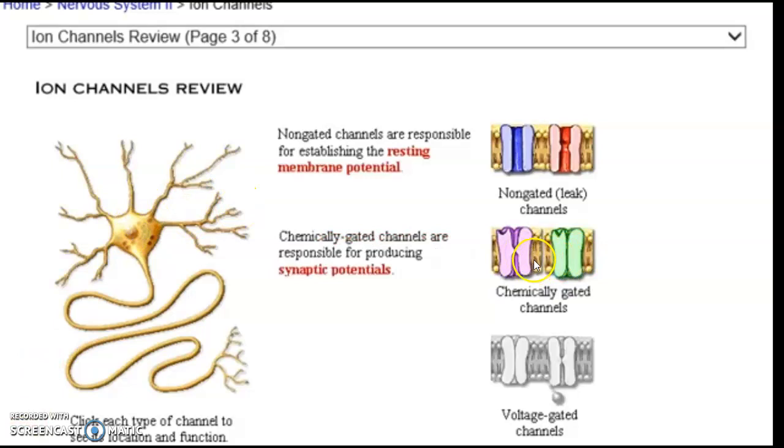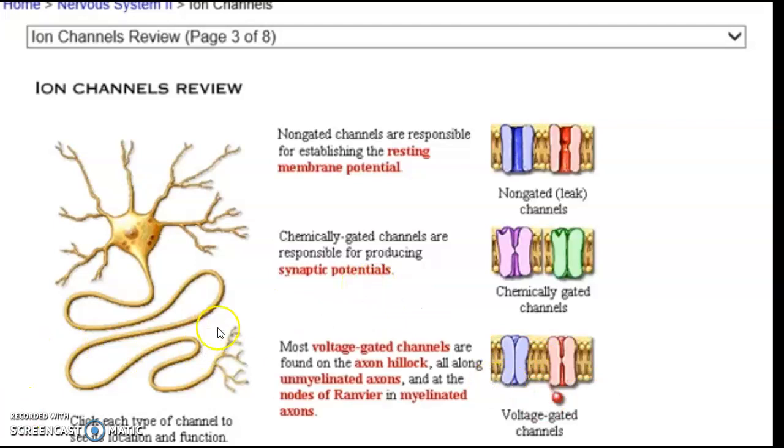So whereas the non-gated or leak channels are responsible for the resting membrane potential, the chemically gated channels are responsible for the synaptic potential, the potential that's caused where the synapse takes place. We'll be talking more about what we mean by that. Okay, and finally, our voltage gated channels are found starting on the axon hillock and throughout the rest of the axon where it is unmyelinated or non-myelinated.